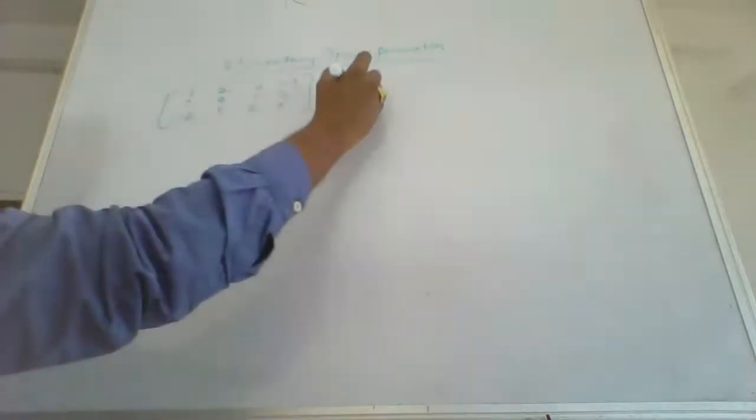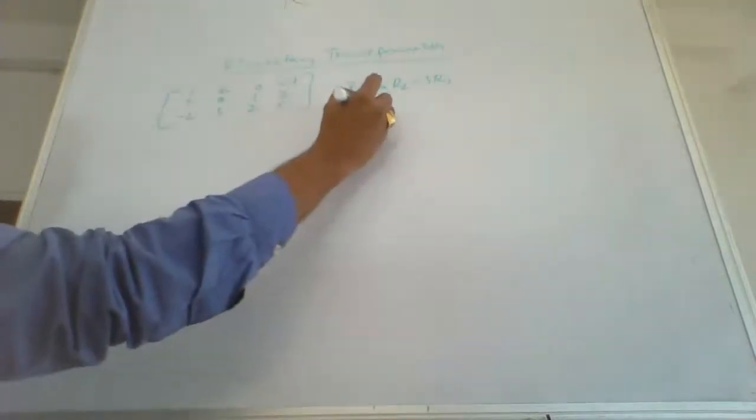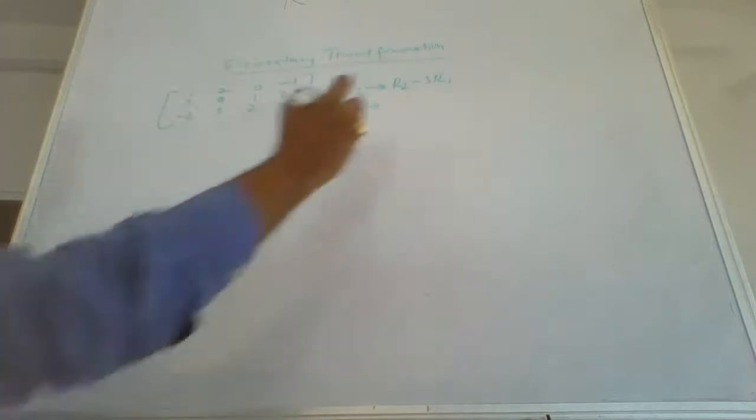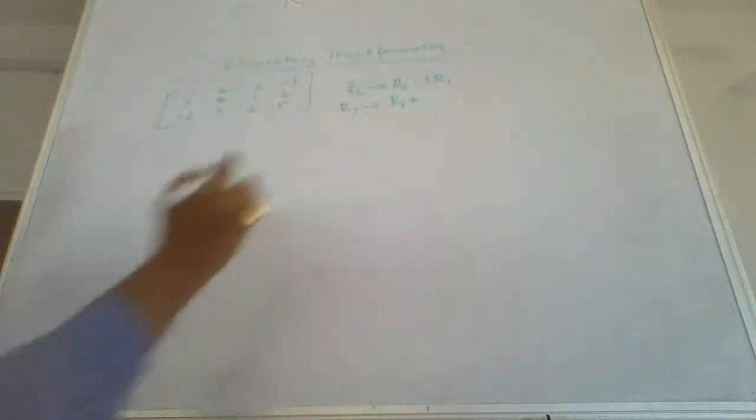So this is R2. R2 minus 3 R1, and R3 is R3 plus 2 R1.